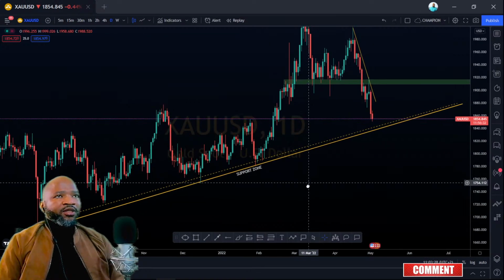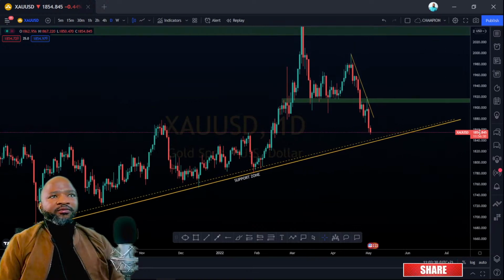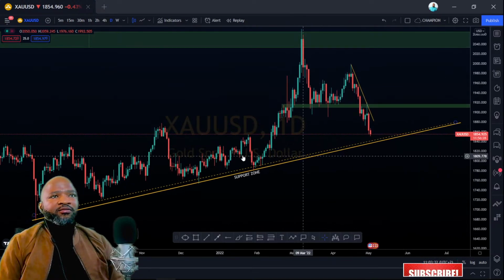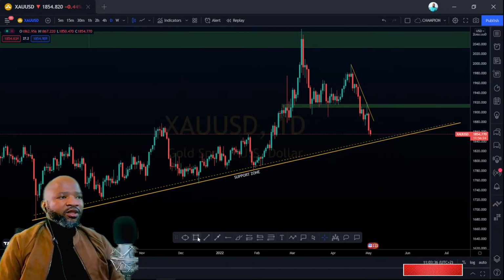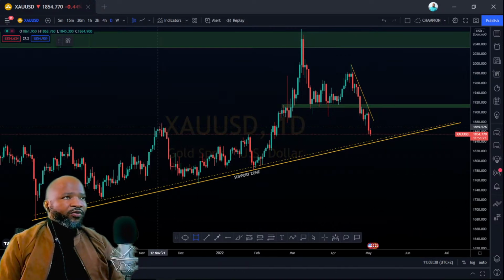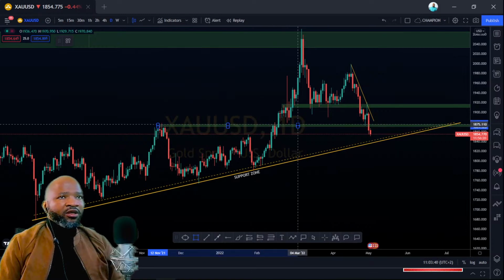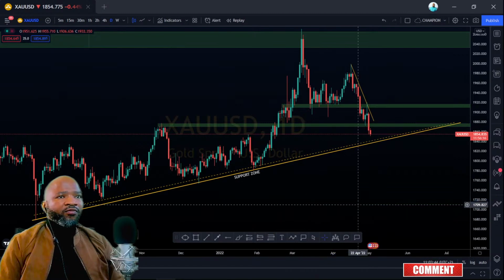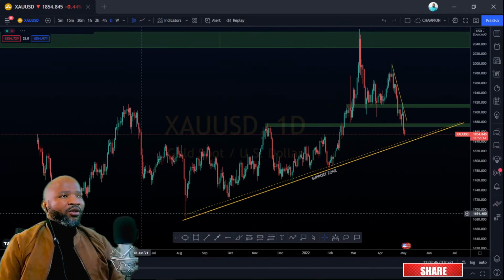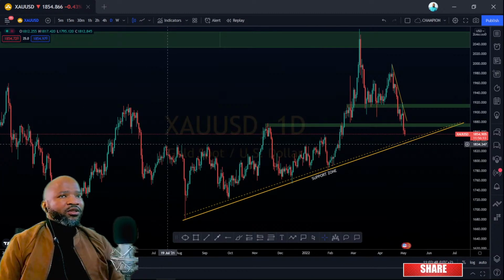It does make sense, right? So we can see that our price has broken out of this area or level. As you can see, there's this level.